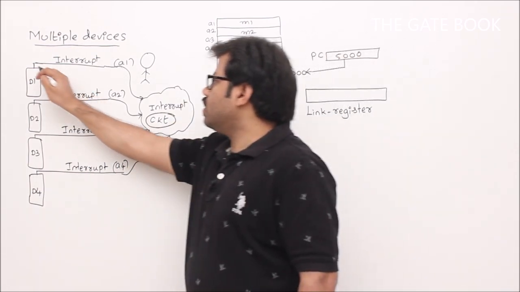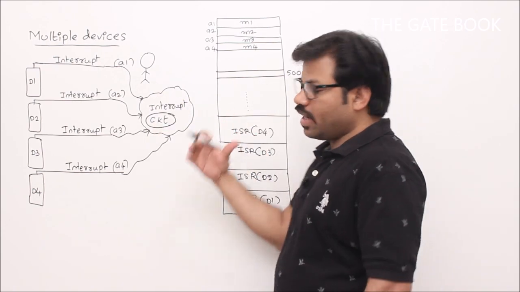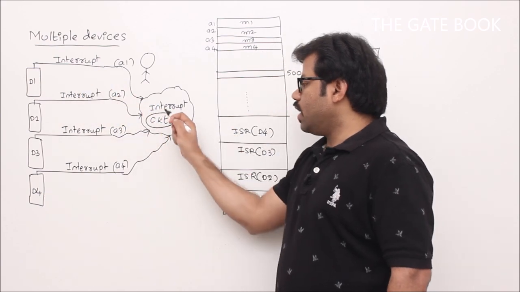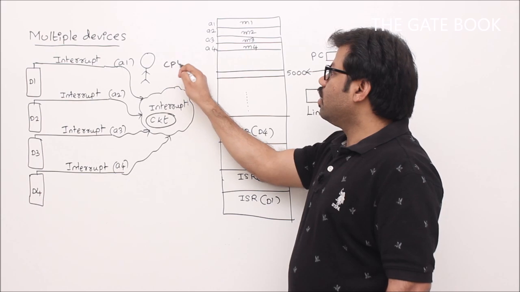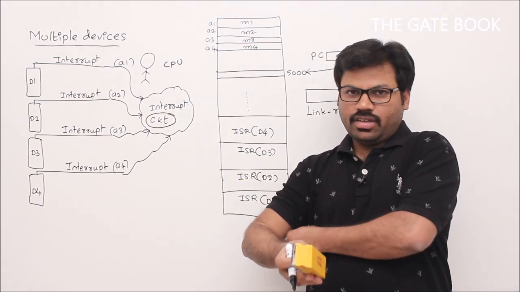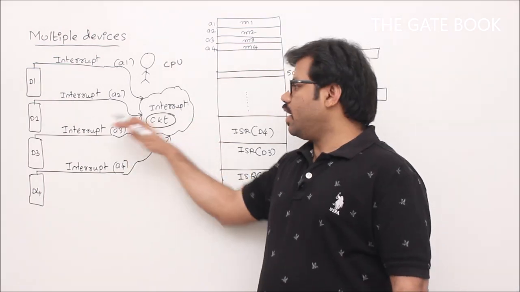Whenever D1 generates an interrupt, the interrupt circuit takes care of things. The device says, my dear circuit, please tell the CPU that I am interrupting. Then the CPU can do whatever it wants, but please inform. Similarly, other devices can also generate interrupts.